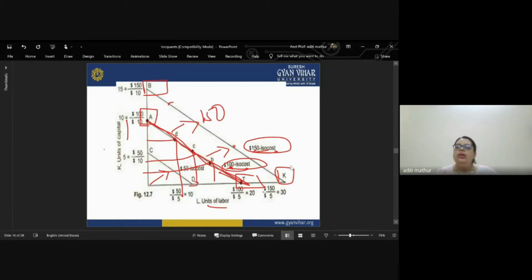If we have a total of rupees 100, this is how I can employ my different factors of production like labor and capital, so that my total cost comes to 100. If it is 150, my line will shift from AT to BK. And if it is 50, it will shift to CD.